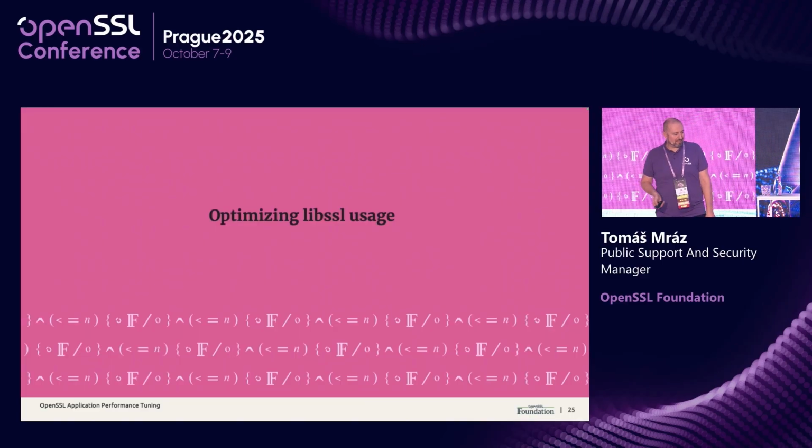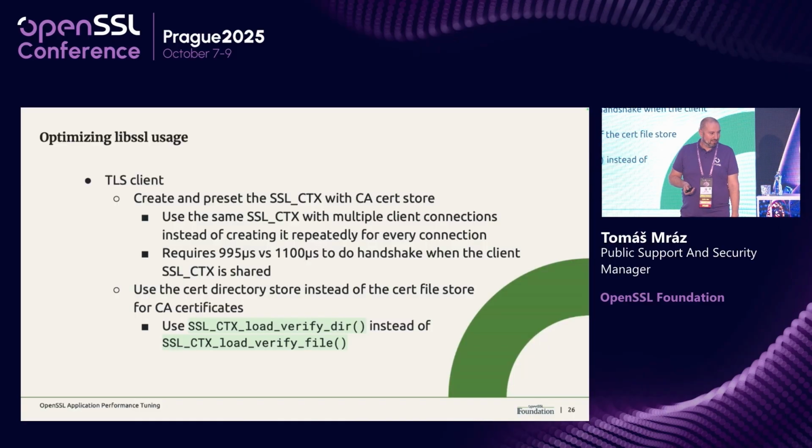In the next part, I would like to talk about libSSL. And mainly I focus on the client, but I have other things as well. A little bit touch the server side as well. On the client side, what I would recommend is to reuse the SSL context.